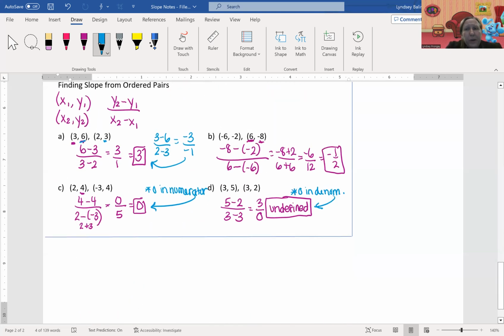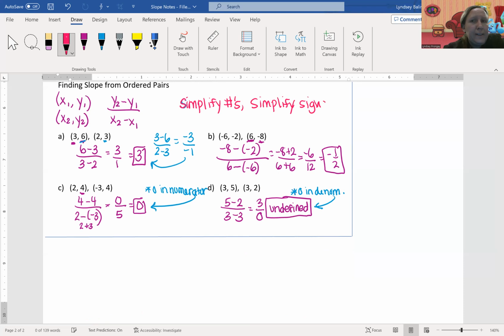With our ordered pairs, on top, subtract your y's, on bottom, subtract your x's. And make sure you simplify. We're going to say simplify any numbers. And we're also going to say simplify your signs, meaning if you have a negative over a negative, that's going to equal a positive answer in the end.